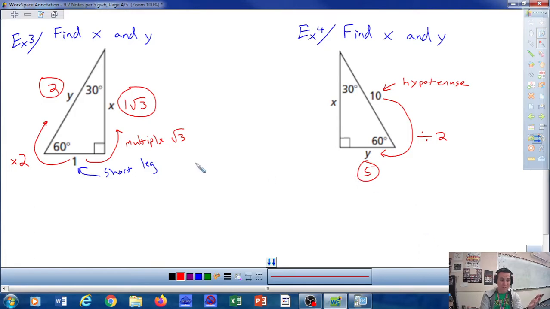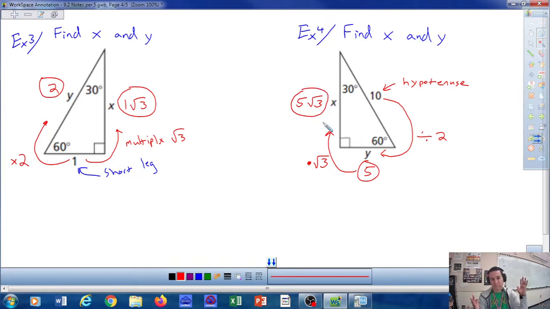Once you have that, now it's just like the previous problem. Once you know the short leg, it's easy. You're going to multiply by the square root of 3. So that's going to be 5 square root of 3. Done.